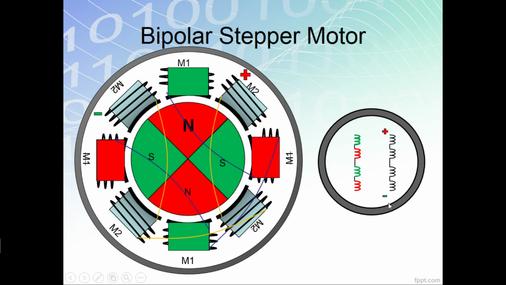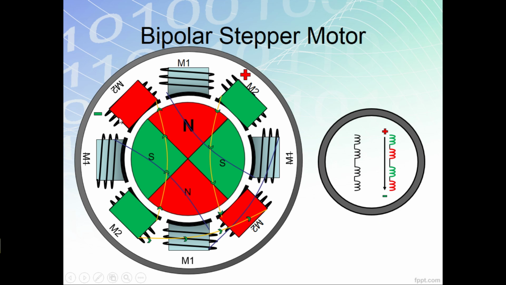With that, it is expected that the current will be flowing downwards, and the corresponding poles will be energized as shown. If poles are energized as shown, this north magnet will now be attracted by this south magnet, and this north magnet will now be attracted by this south magnet.